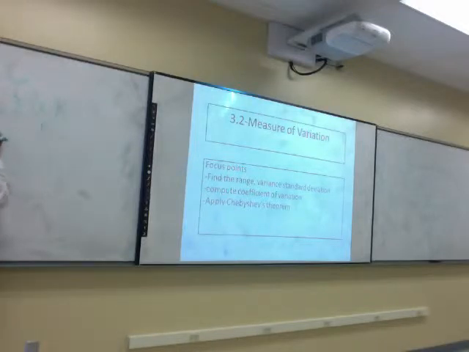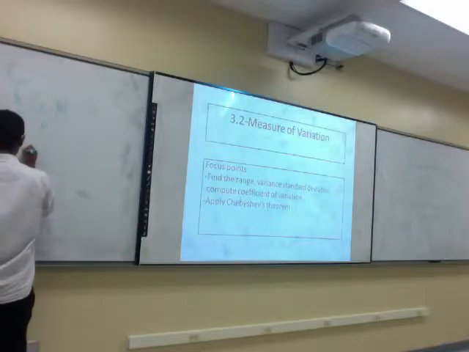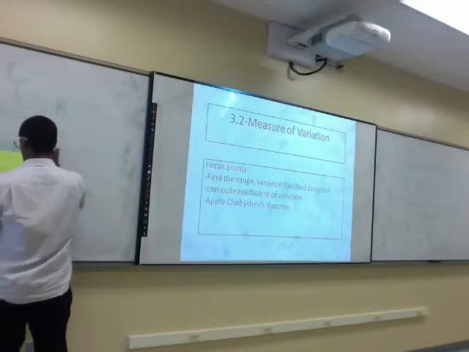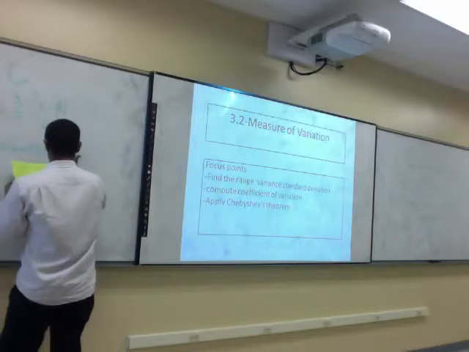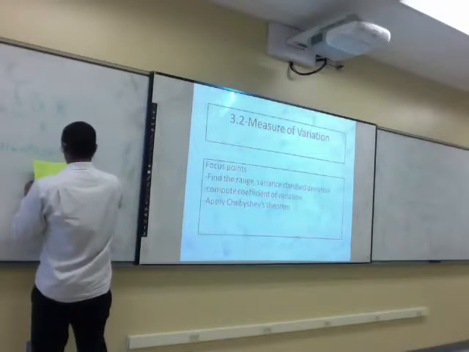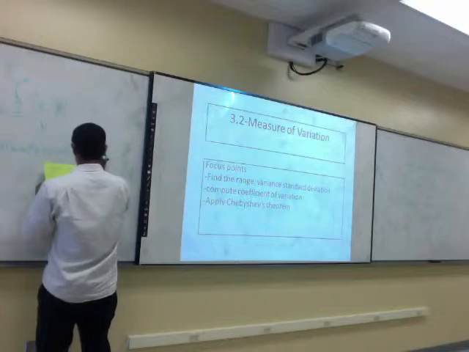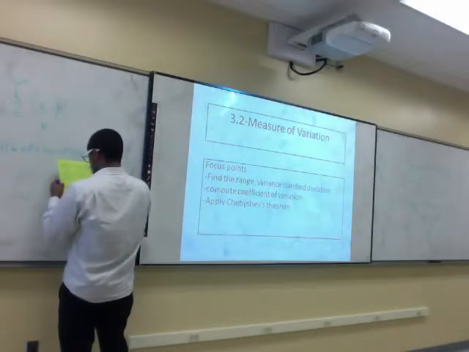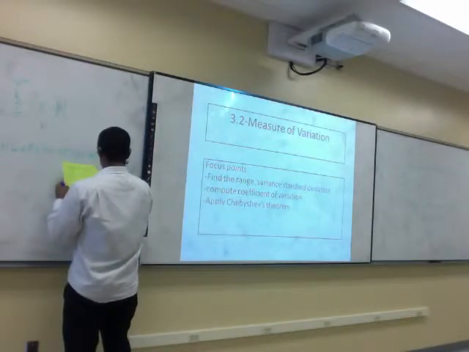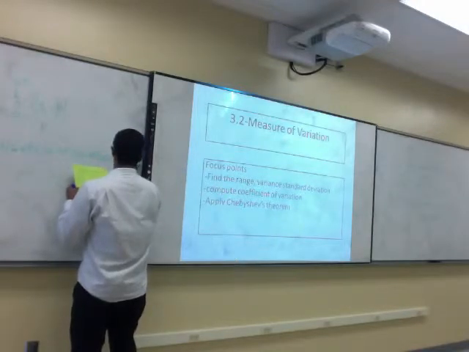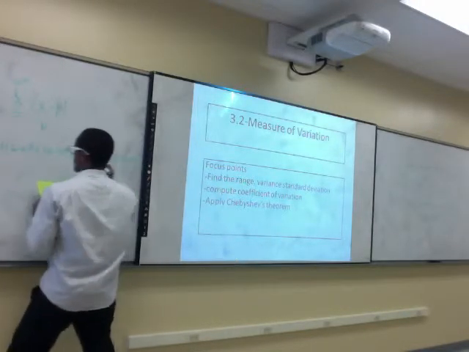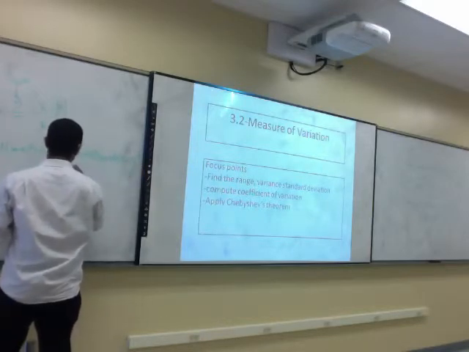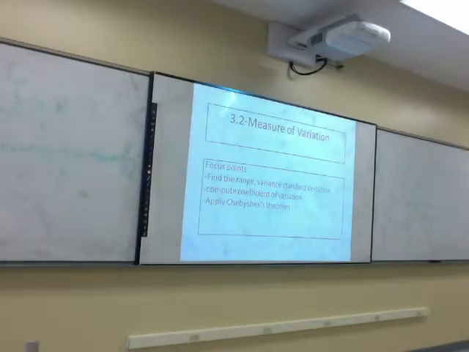So if I take each individual value, 10 minus 35 squared, plus 60 minus 35 squared, plus 50 minus 35 squared, plus 30 minus 35 squared, plus 40 minus 35 squared, plus 20 minus 35 squared, divided by 6, right? Because it's capital N. Is that clear? Go ahead.